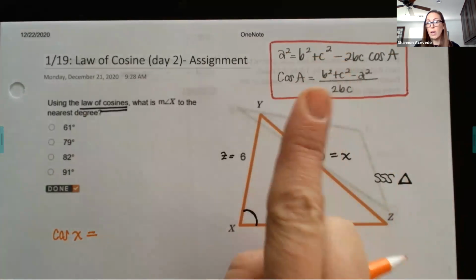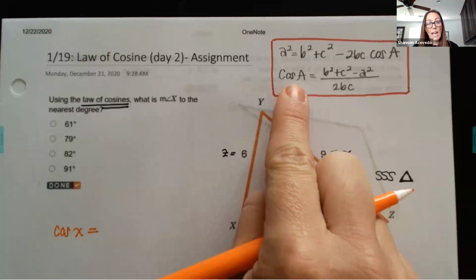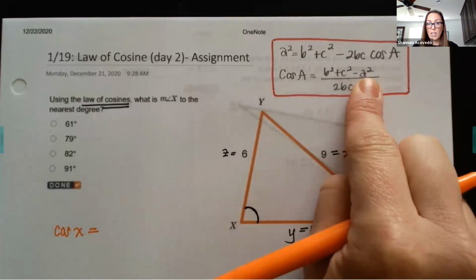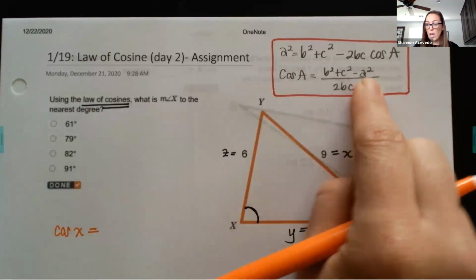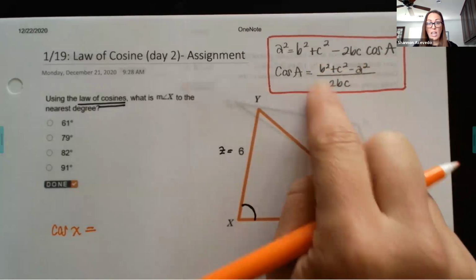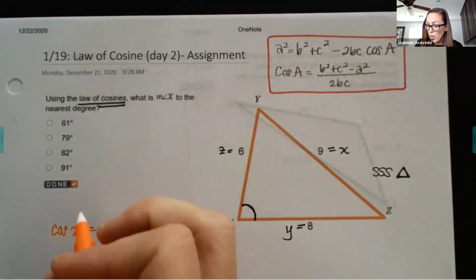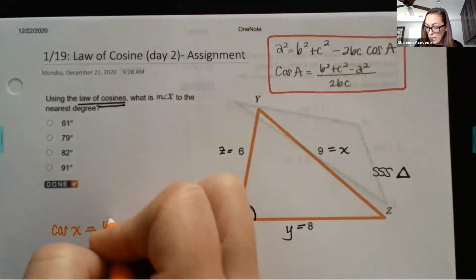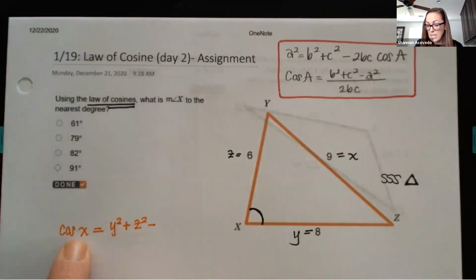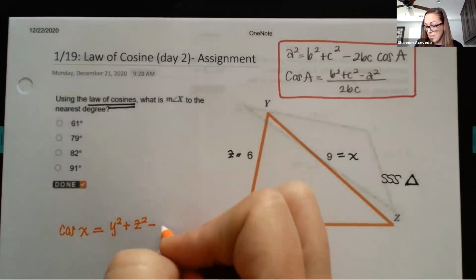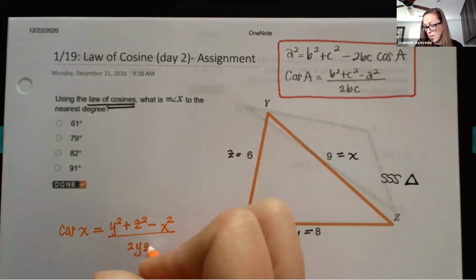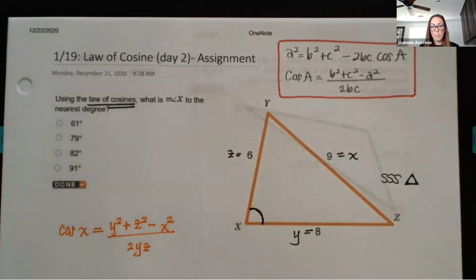If I'm looking for angle A, then I subtract the value of side A. For the other ones, it doesn't matter if this is Y or Z, I just know it's the other 2 pieces. So it's going to be Y squared plus Z squared minus X squared, because this is X, all over 2YZ. And then I fill in all the pieces.